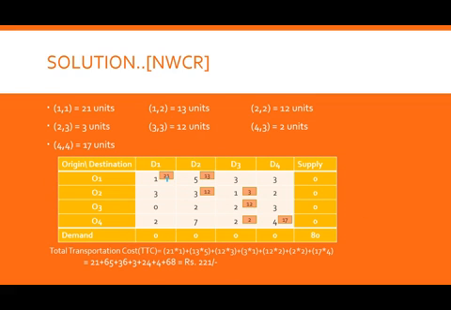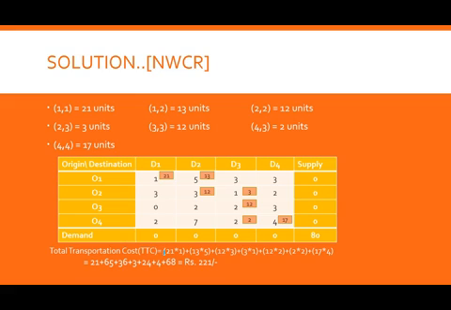So the IBFS that I've got is 1, 1, 21 units, 1, 2, 13 units, 2, 2, 12 units, 2, 3, 3 units, 3, 3, 12 units, 4, 3, 2 units, 4, 4, 17 units.